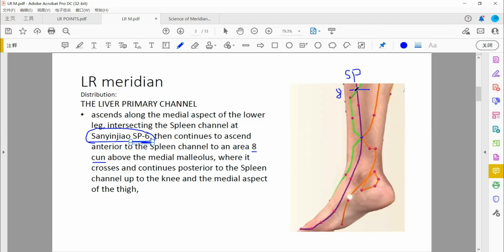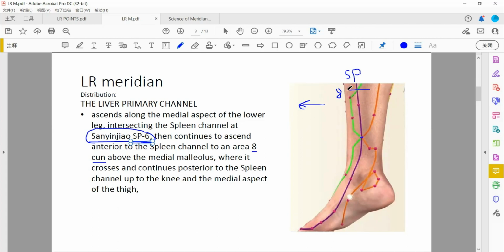So we can summarize. Below 8 寸, the liver meridian is anterior to the spleen channel.